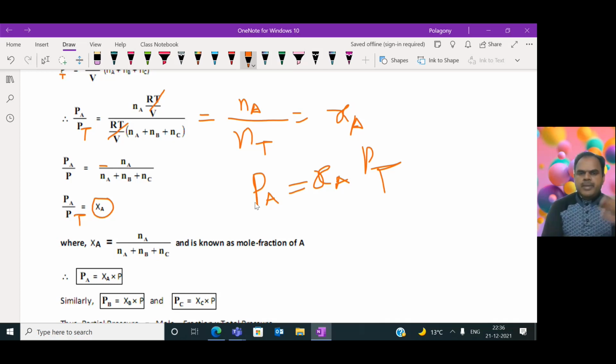That means the partial pressure of any component in a non-reacting mixture is directly proportional to its mole fraction. That is the relationship between mole fraction and partial pressure.